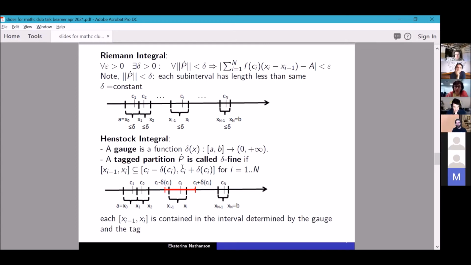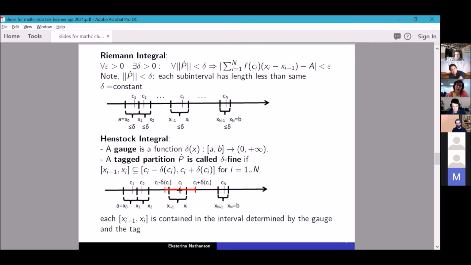When we create a partition, we make it small with respect to this gauge function. We select it in such a way that each of these subintervals, each x_{i-1} to x_i, lies in an interval around the tag point controlled by the value of the gauge function at that point.